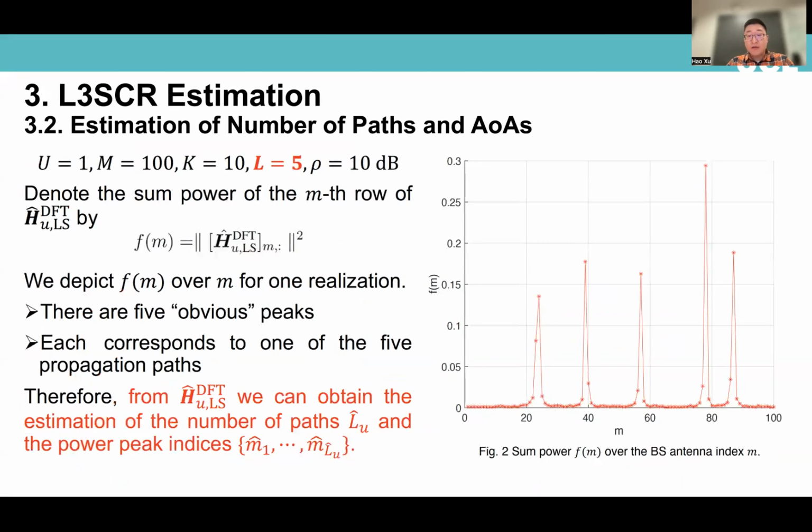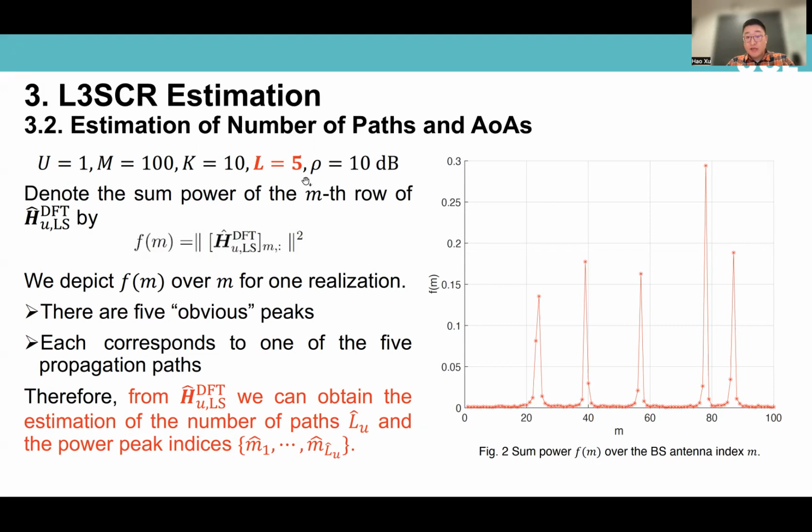To obtain an intuitive observation, we depict the power spectrum in figure 2. Under these settings, we denote the sum power of the mth row of this matrix by Fm, and we depict Fm over m for one channel realization in figure 2. From this figure, we see that there are 5 obvious peaks.